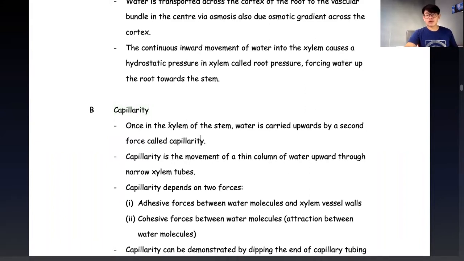Once in the xylem of the stem, water is carried upwards by a second force, what we call capillarity. In other words, cohesion, adhesion, tension. It is the movement of a thin column of water upward through a narrow xylem tube. How the water is able to move through the tube depends on these two forces.